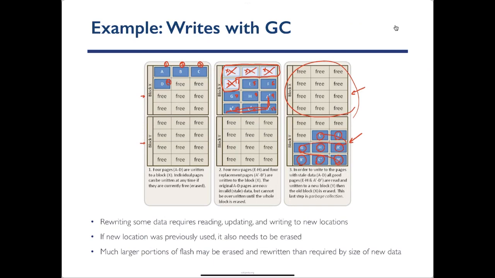If the hard disk knows that E, F, G, and H are no longer used, it doesn't need to copy them here. You can just garbage collect them with A, B, C, and D. So the trim command comes in handy for some more optimization here.